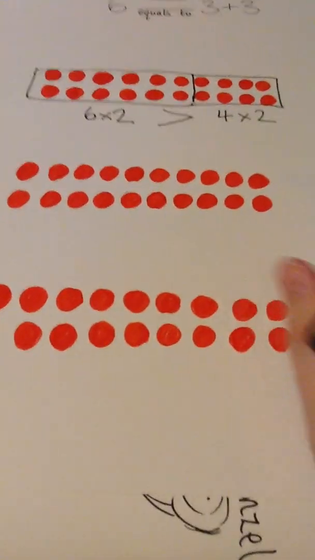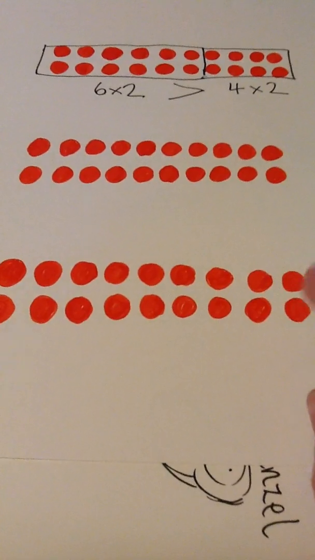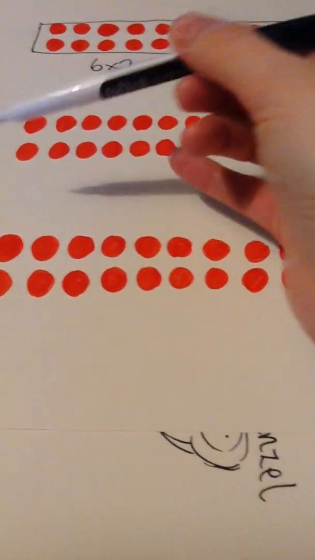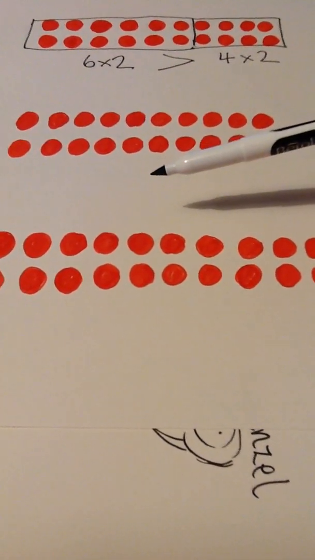Okay. Now, one of the questions asks you to find different ways of showing 10 multiplied by 2. So I've got my 10 lots of 2 here again. I'm going to show you 2 different ways that you could do that.